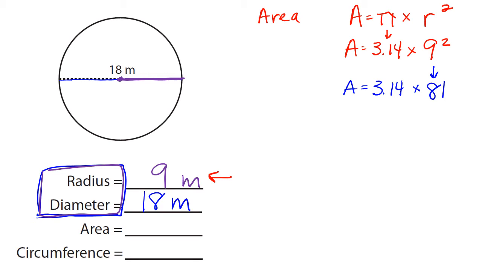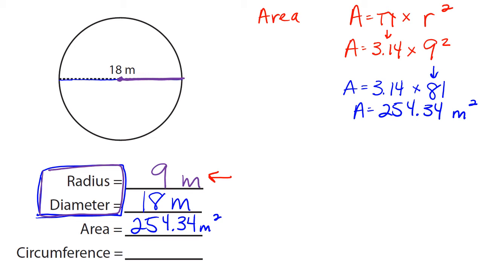So now using our trusty handy dandy calculator, 3.14 times 81 gives us an area of 254.34 meters squared. And so let's go ahead and fill that in with our area right there at the line, 254.34 meters squared.